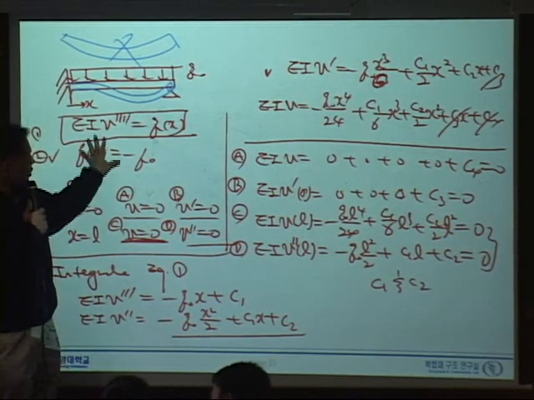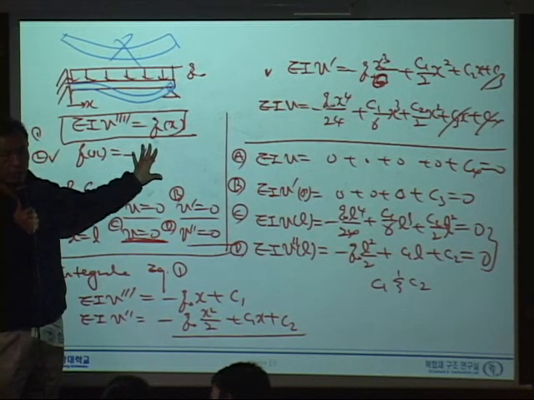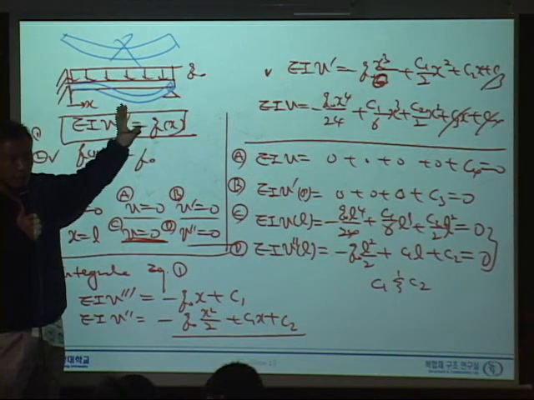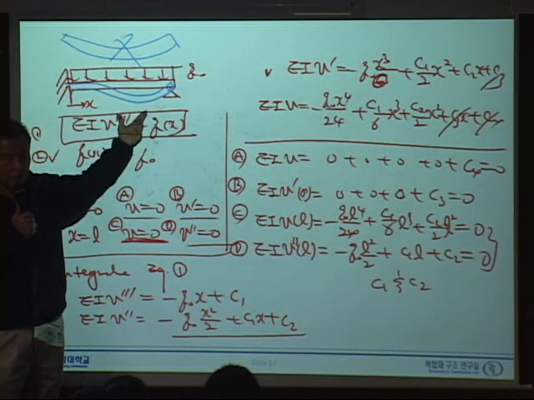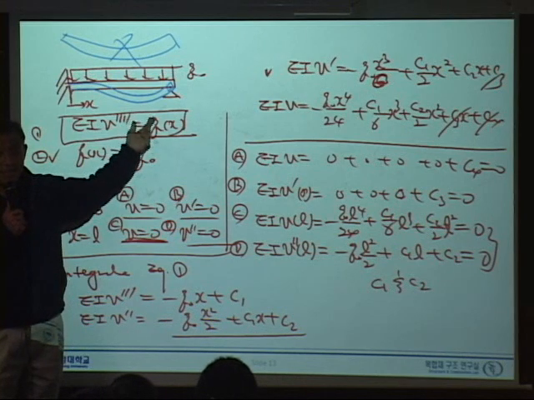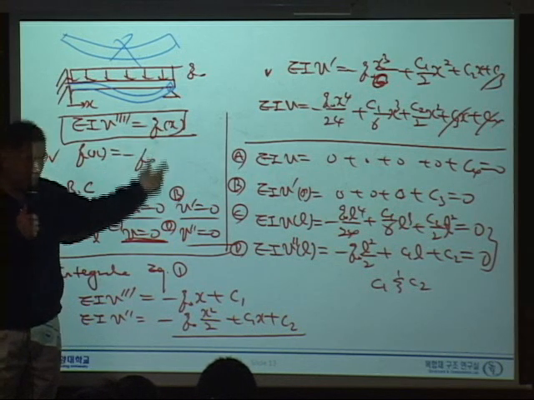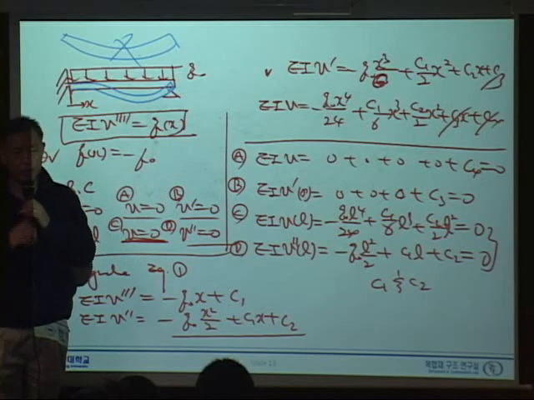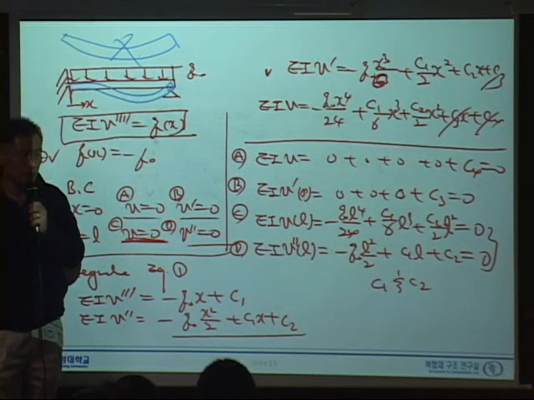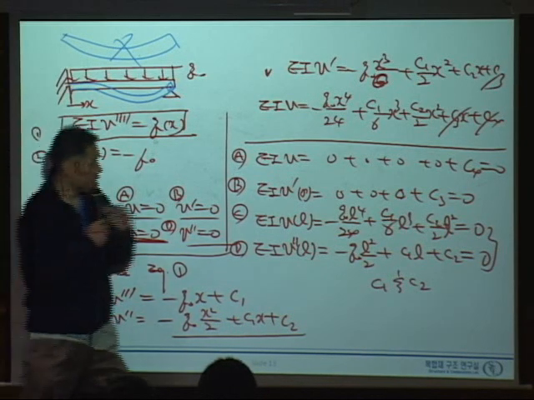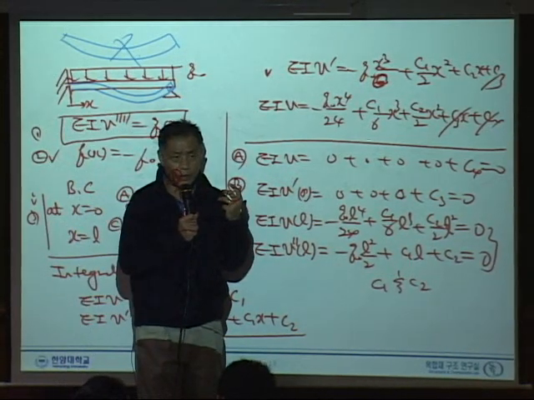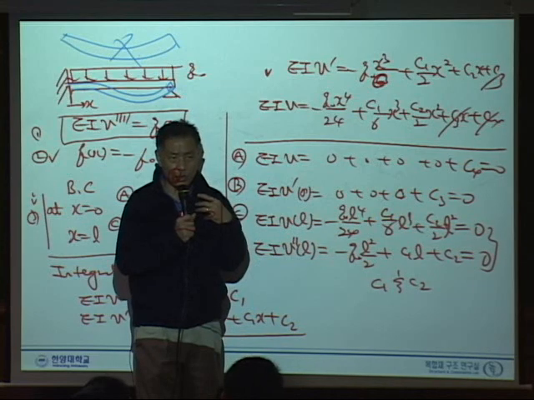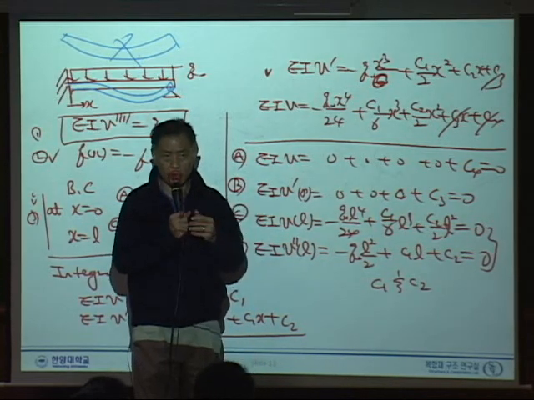Remember, if we don't know this differential equation and how to solve it, there's no way. This is a typical statically indeterminate problem, and this is the procedure of how to get the deflection. Once we have deflection, let's say we want to calculate the moment distribution.